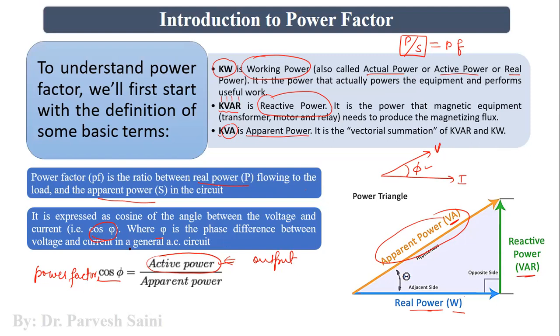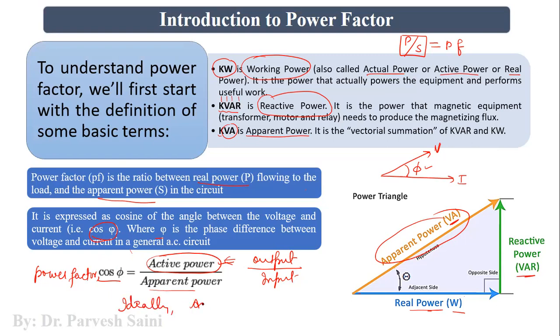And this apparent power is the input power, delivered by the source to the system. So we have output upon input, which also tells us about the efficiency of the system.